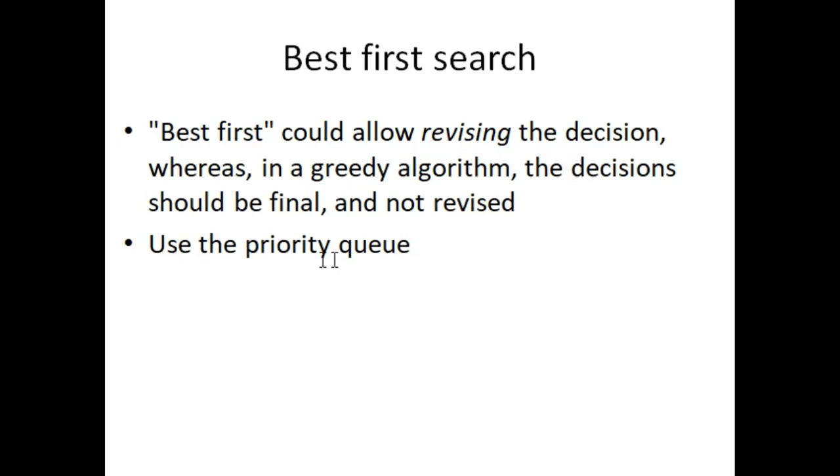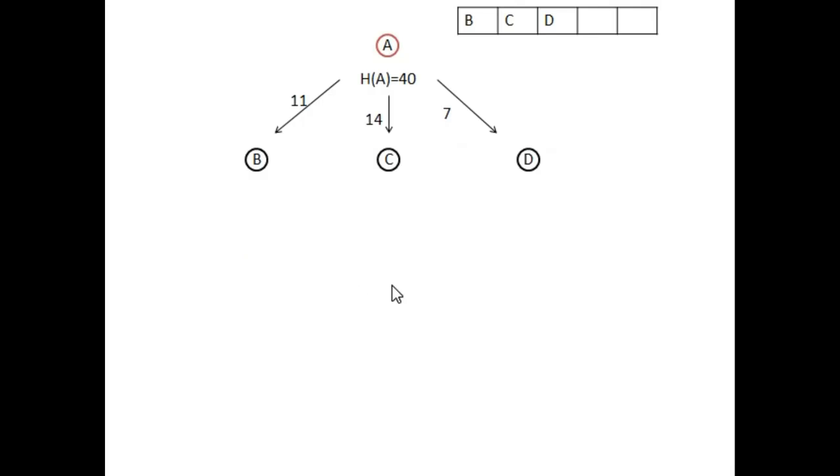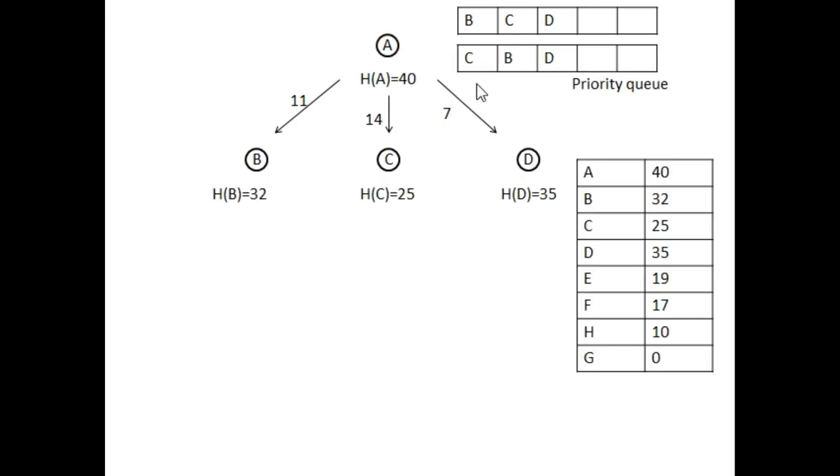Because it uses the priority queue. So just look at this slide, कि हम किस तरह से इस priority queue को use करेंगे. The heuristic value of B is 32, heuristic value of C is 25, heuristic value of D is 35.